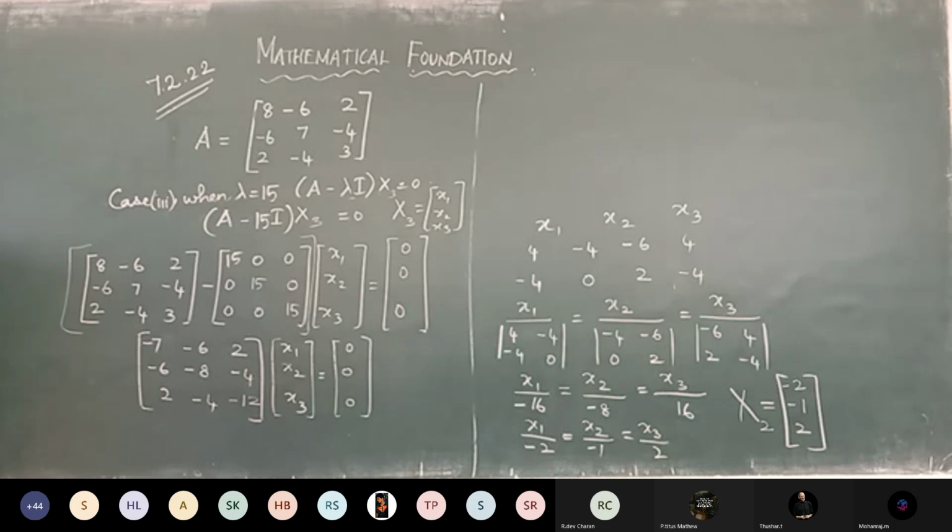126 is present. 127, 128, 129 present, ma'am. 130 is absent.